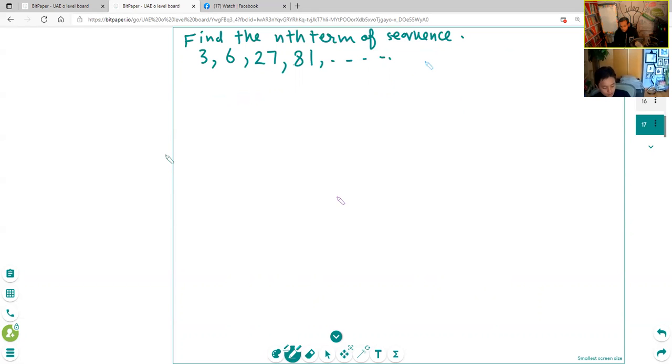Did you use the geometric formula? Yes, you should use the geometric formula. First you should see whether it is a geometric sequence or not. It does not have the same common multiple. Wait, here is 9. Now it is a geometric sequence.